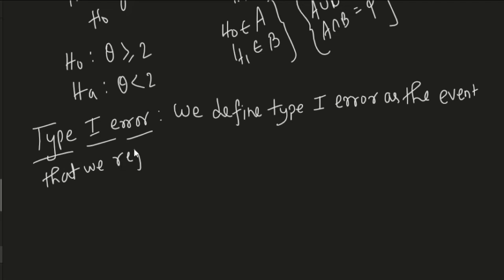Type 1 error is defined as the event that we reject h naught when h naught is true, and we can find the probability of type 1 error. So it basically is this.